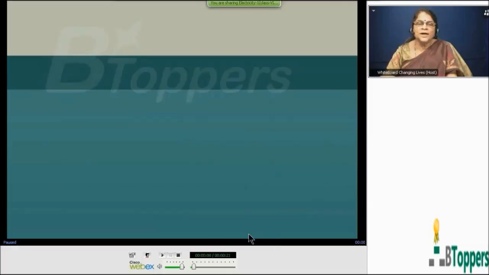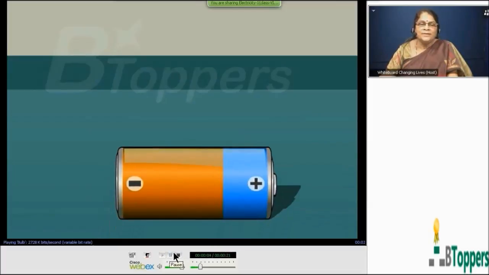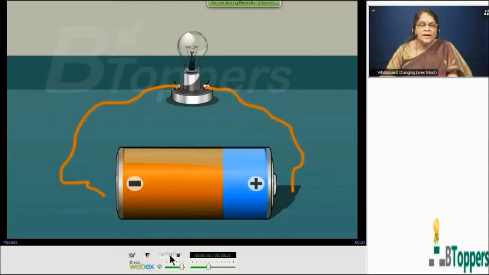To have a continuous flow of charges, I will need a source of electricity which will provide a continuous flow of charges. Like this. This is a cell. And then I have a light bulb, and then I have connecting wires which are the path.